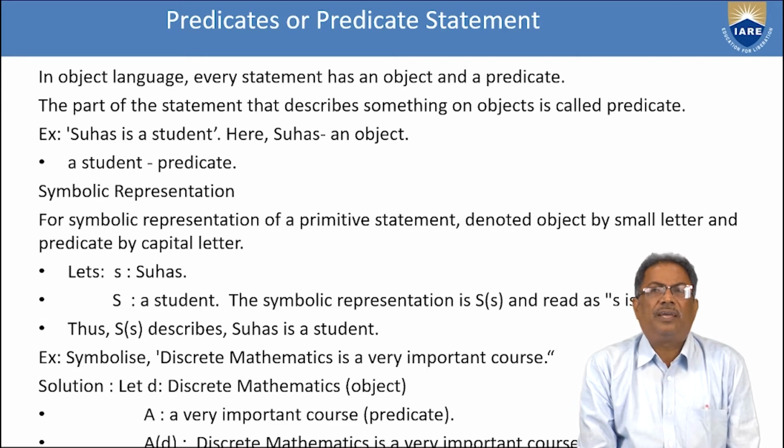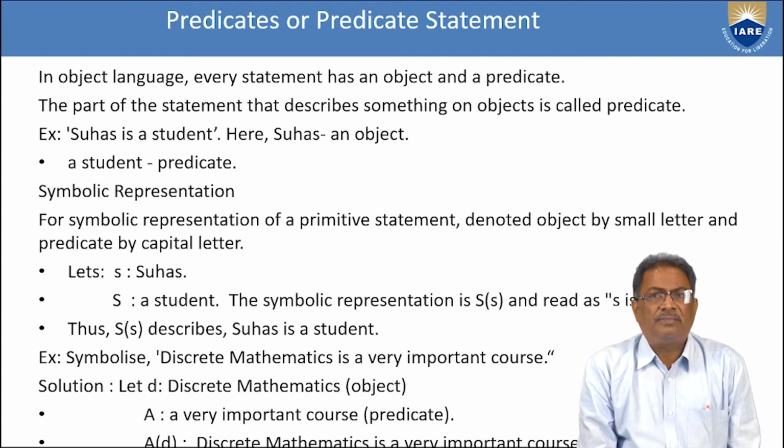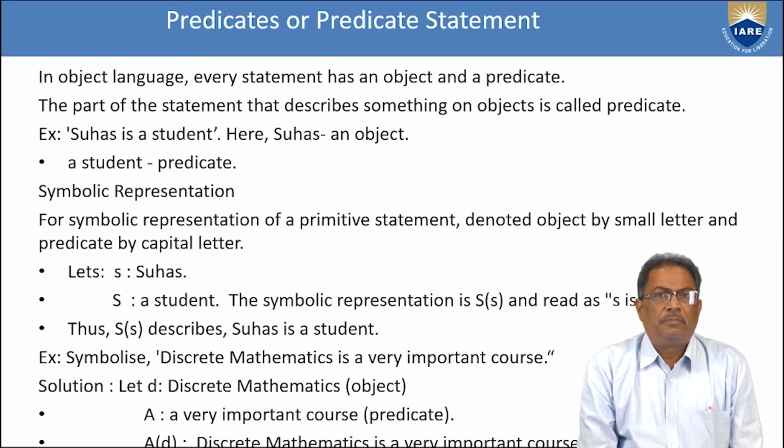See, what is meant by a predicate? The part of the statement that describes something about the object is called a predicate. That means describing the object is called a predicate.